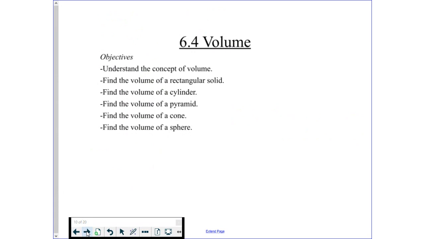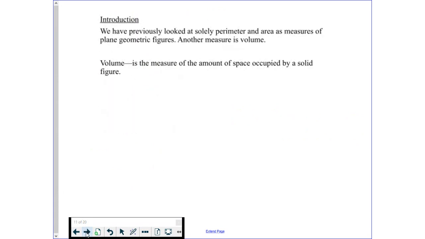Okay, now introduction. We have previously looked at perimeters and area as measure of plane geometric figures. So plane means it's 2 dimensional. When we talk about area, it is 2 dimensional. When we talk about perimeter, it's even 1 dimension, just the distance around a circle or a rectangle or a triangle.